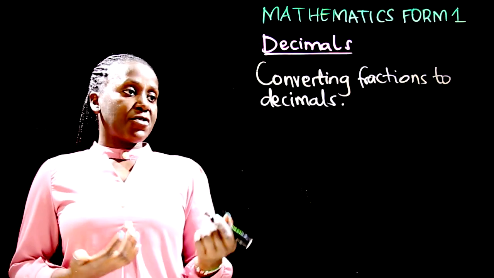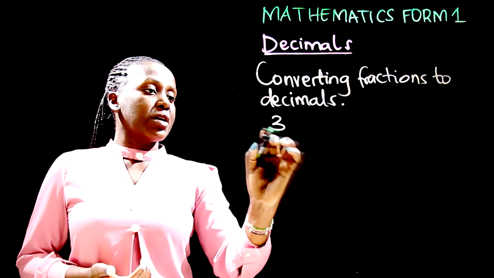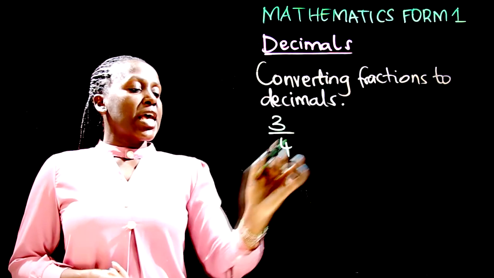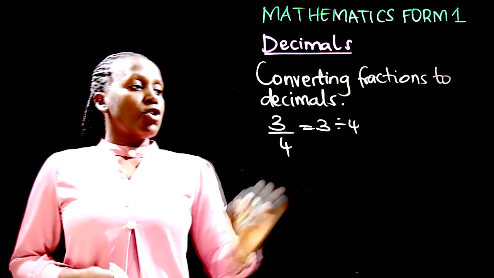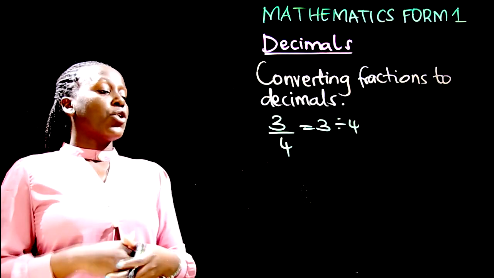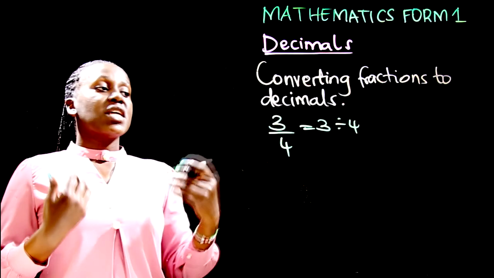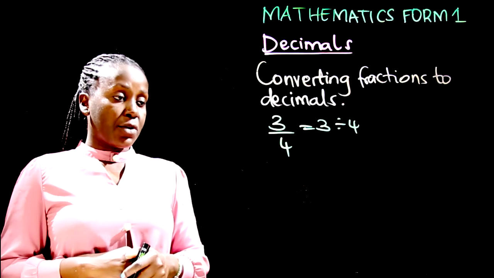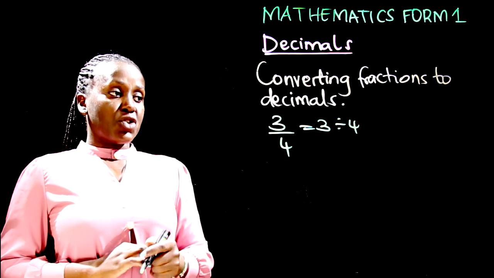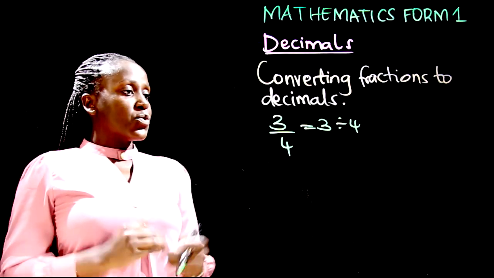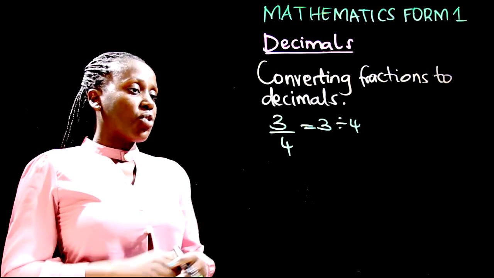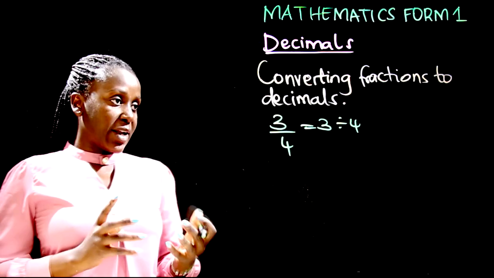If you have a fraction like 3 over 4, this can be written as 3 divided by 4. We are going to divide using the long division method. So we want to divide 3 by 4, using long division to convert this fraction into a decimal.